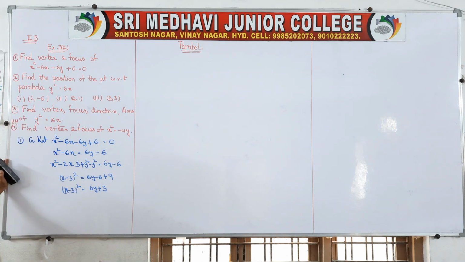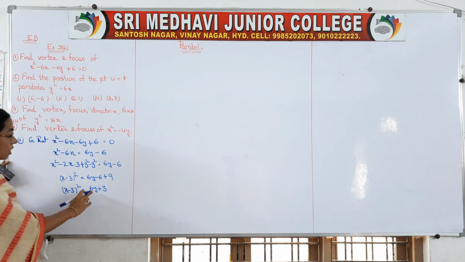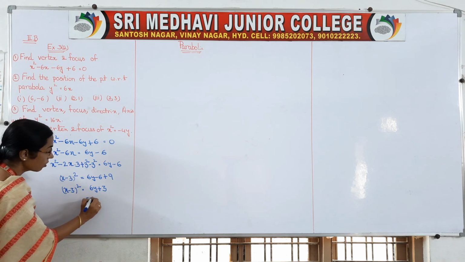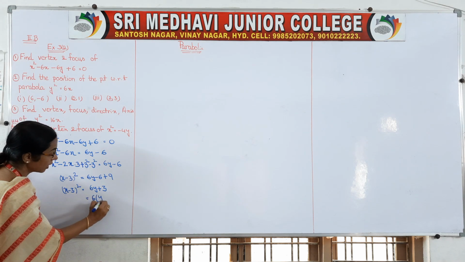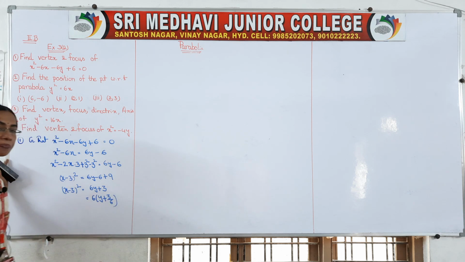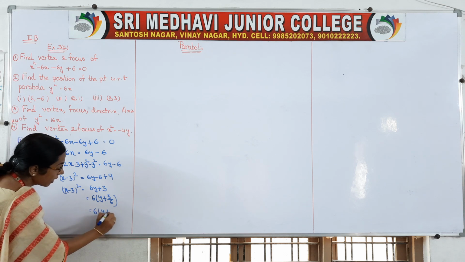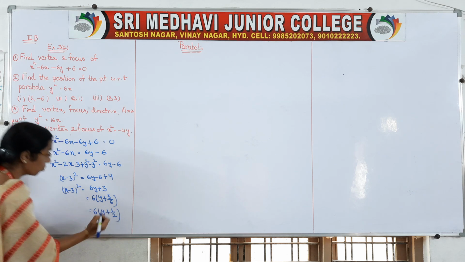Only y should be there, in the form y minus k. So x minus h whole square is equal to some value into y minus k. So only y should be there, which means we have to take 6 outside. Then it is 3 by 6, so is equal to 6 into y plus 1 by 2.